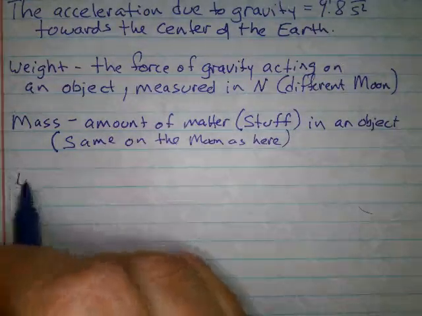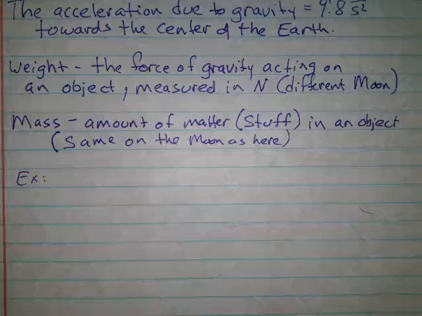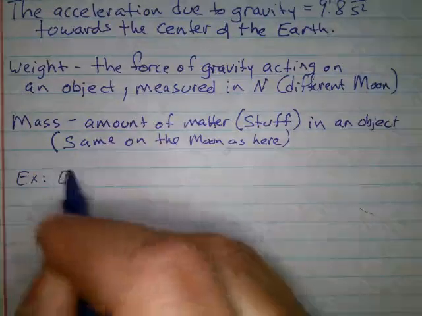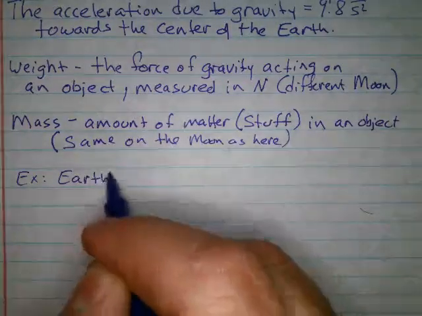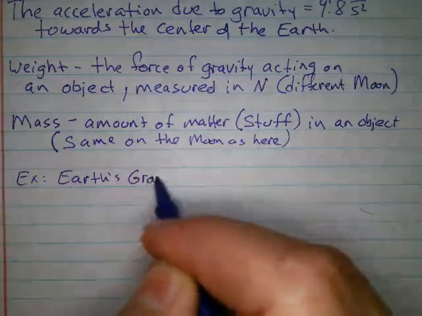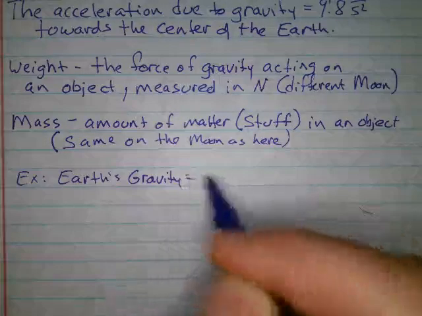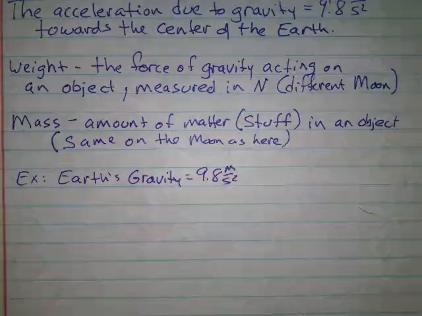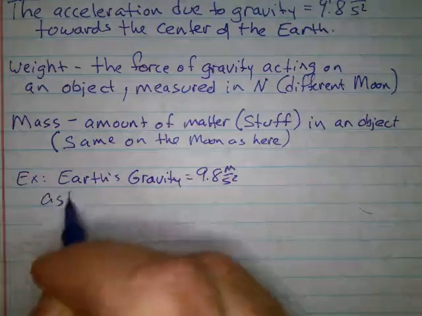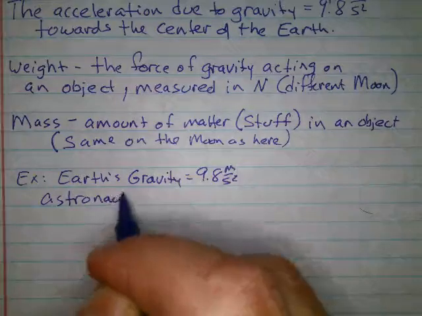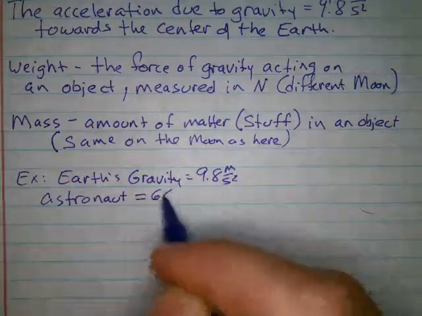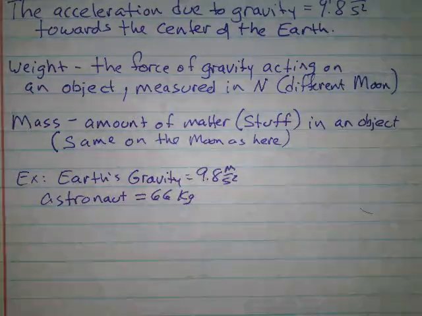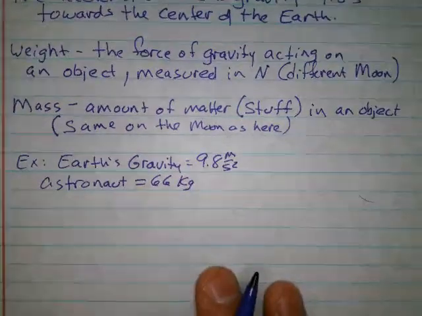So, example. Earth's gravity is equal to 9.8 meters per second squared. We wrote that just up there. And if you had an astronaut who had a mass of 66 kilograms, which is a very average mass for a person.